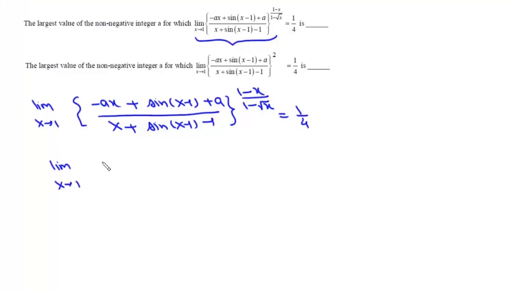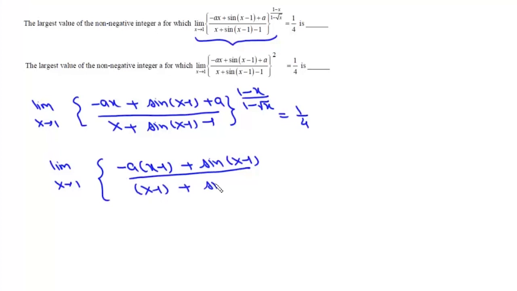x tends to 1, and we'll write this as minus a into x minus 1 plus sine x minus 1, upon x minus 1 plus sine x minus 1.